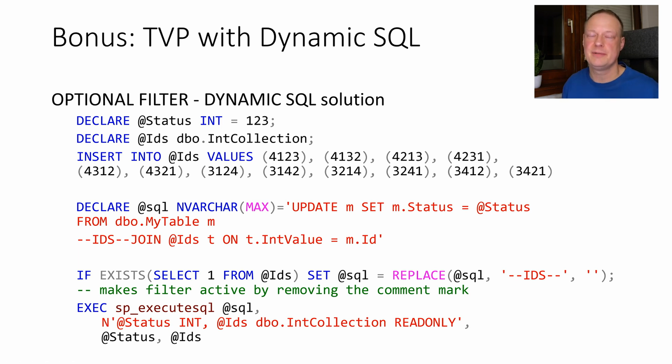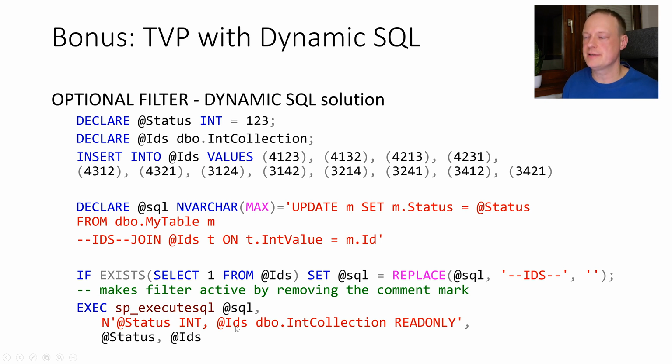This filter will be in effect. This basically says, if I have some ID values in the array, put the filter in effect. If I don't have any value in the array, keep it commented out. I don't have that filter applied. And then I execute that SQL with parameters.